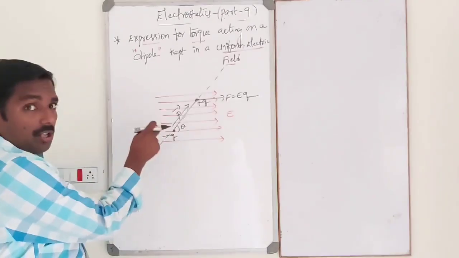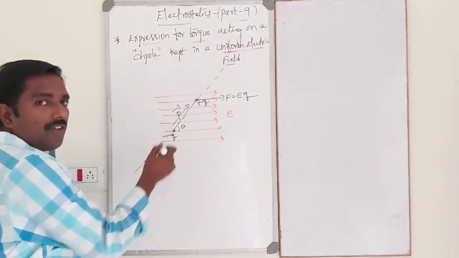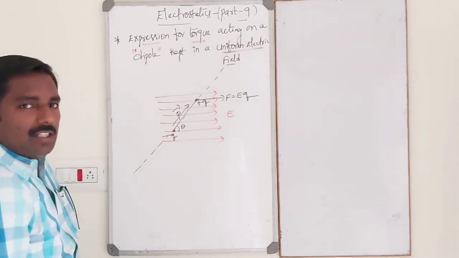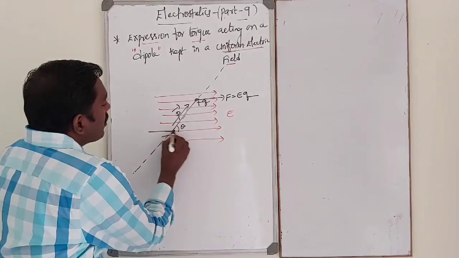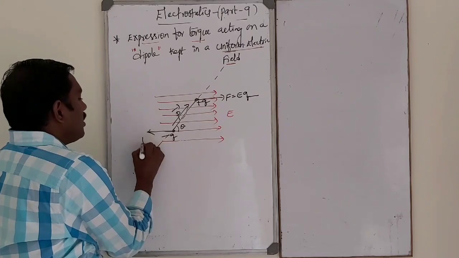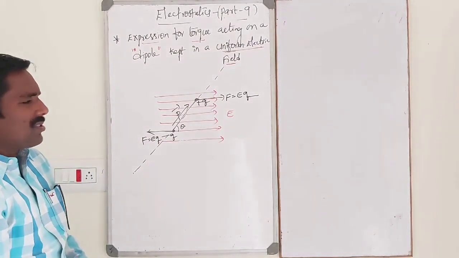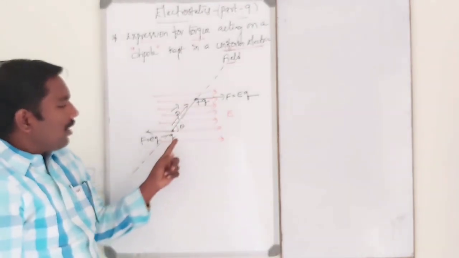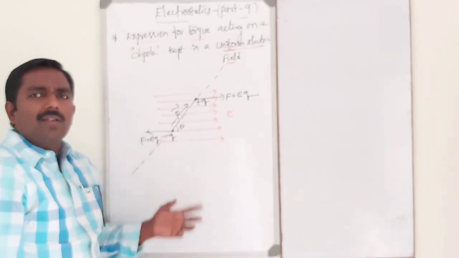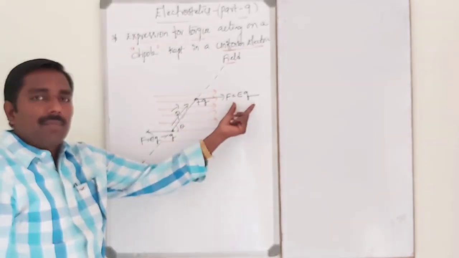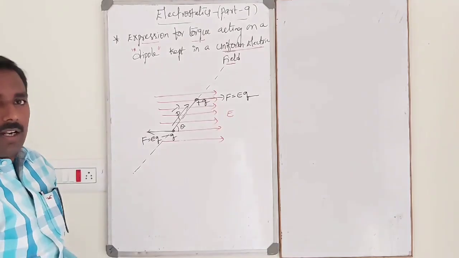Similarly, the negative charge is also placed inside the field. In the case of a negative charge placed inside the electric field, the direction of force is opposite to the field. F is equal to EQ. Because these are equal quantities of charge but opposite in sign, the force is also the same in magnitude, opposite in direction.